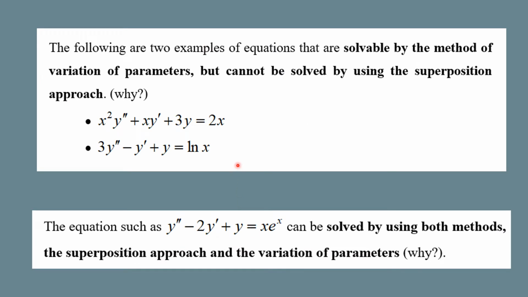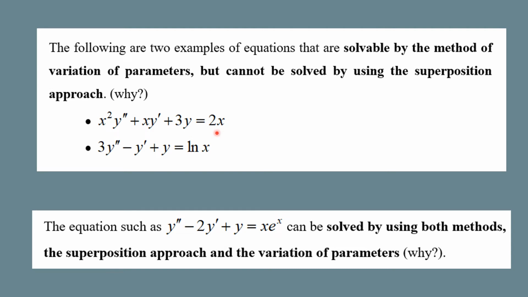Let us test our understanding whether we know when to use the superposition approach and when to use variation of parameters. Let's look at this equation: x squared y double prime plus x y prime plus 3y equals 2x. Can we use the superposition approach to solve this non-homogeneous equation?